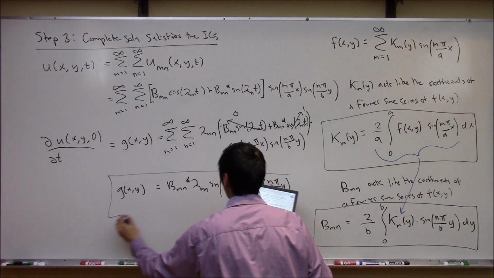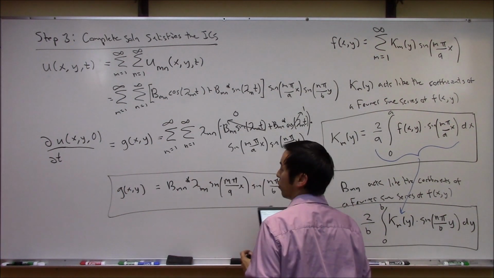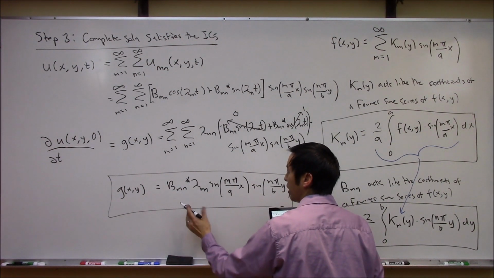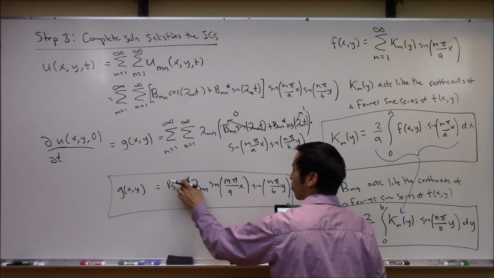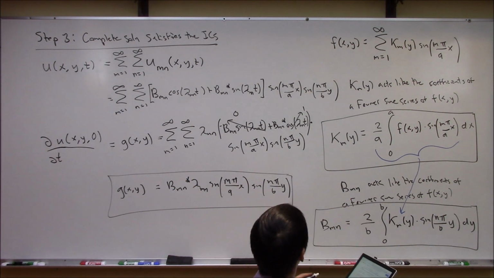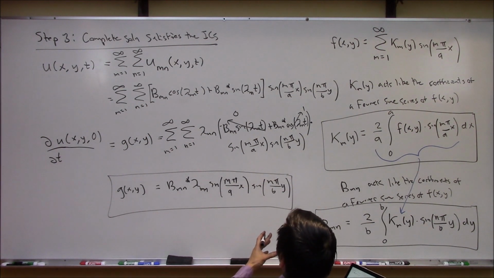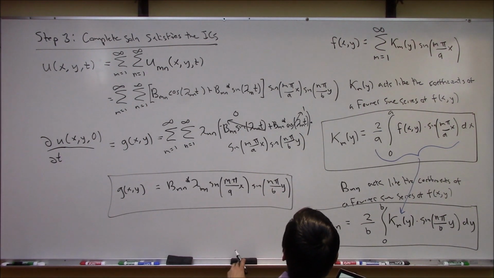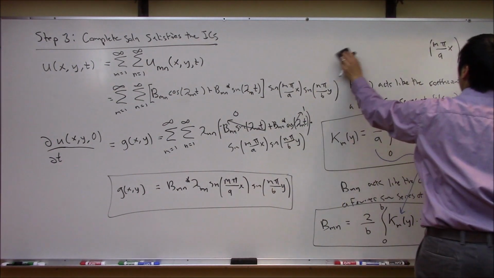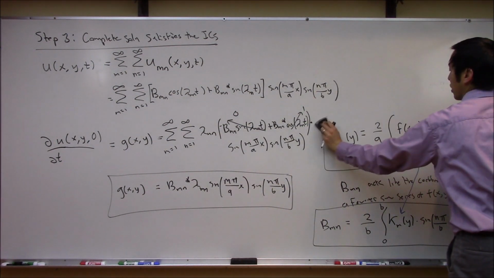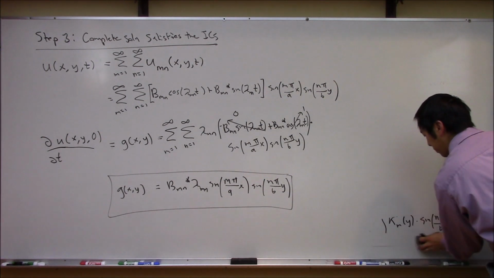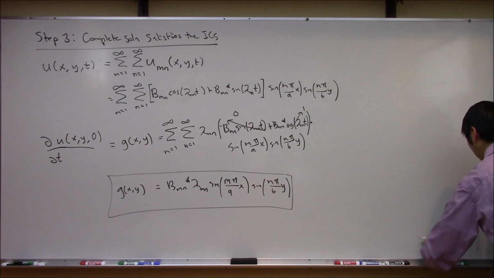Okay, if you look at this, it is identical to what we just did earlier, except instead of finding a coefficient BMN, it's now finding the BMN star times lambda MN. You would get the same results here, so let me rewrite what we ended up with earlier when we were doing the initial position.